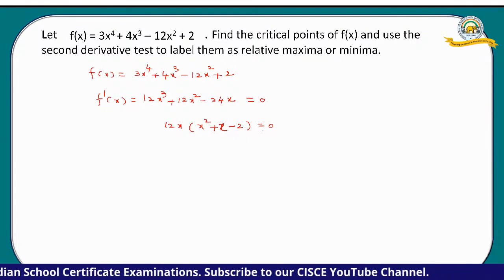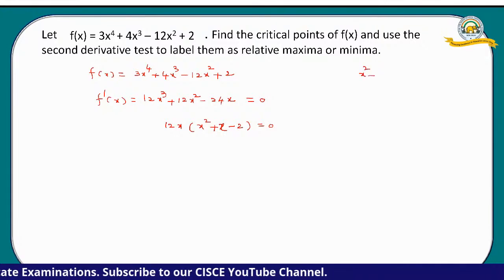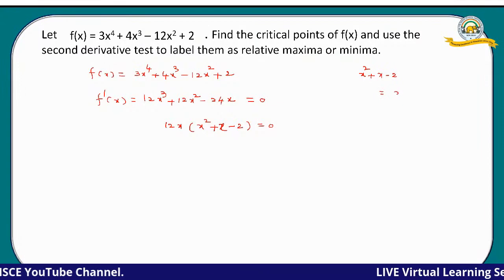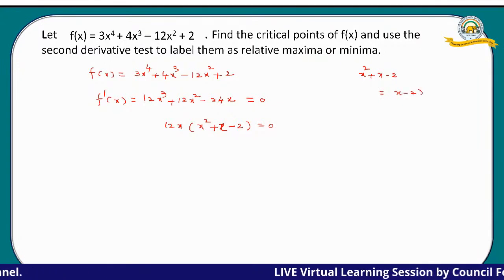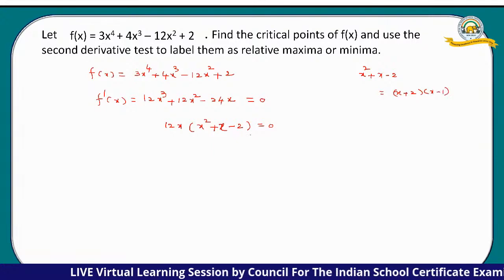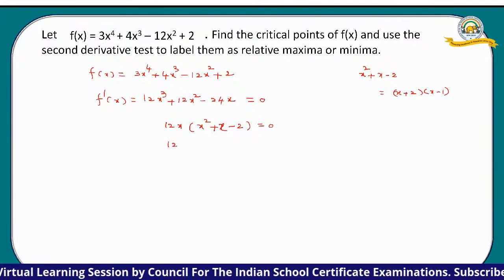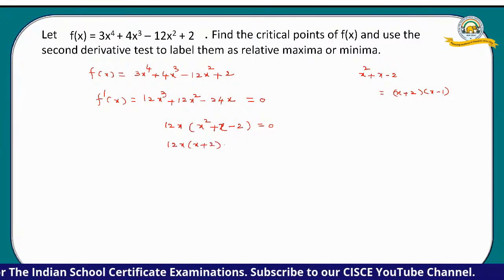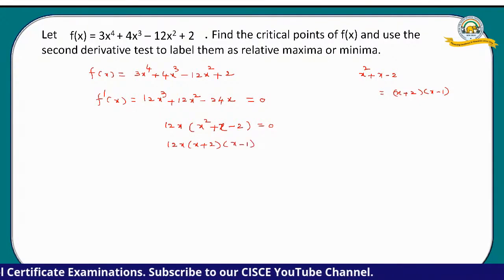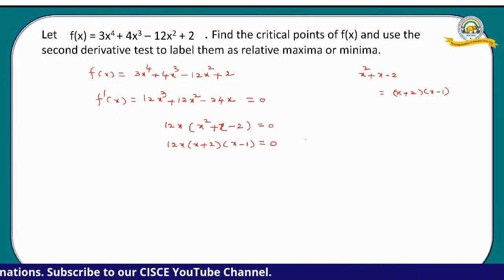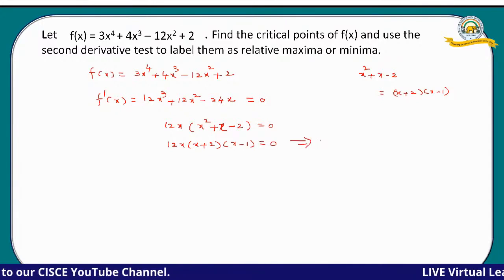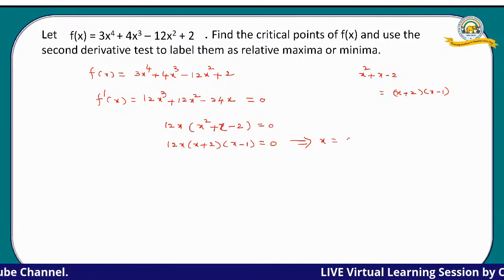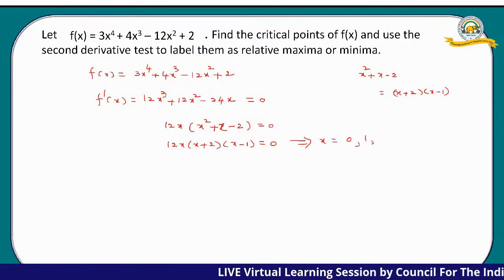If you factorize x square plus x minus 2, you get x plus 2 into x minus 1. So you can write 12x into x plus 2 into x minus 1 equal to 0. It implies that x equals 0, 1 or minus 2.